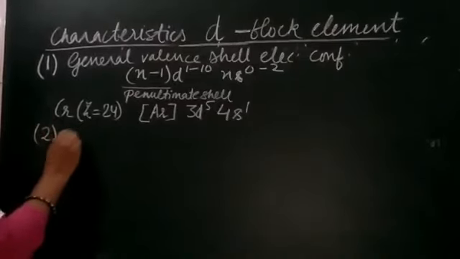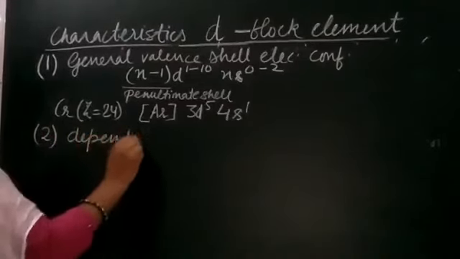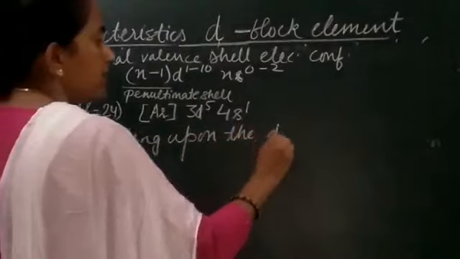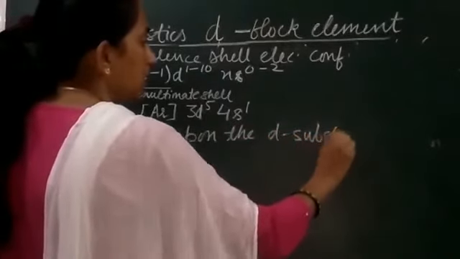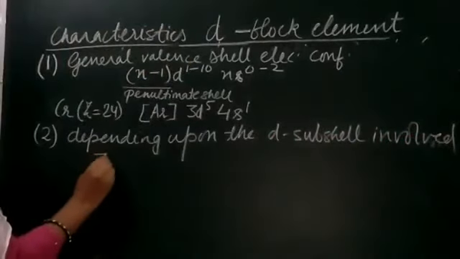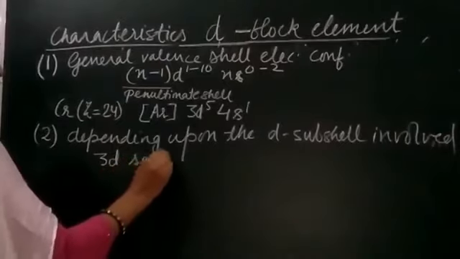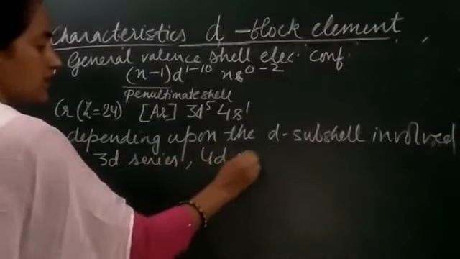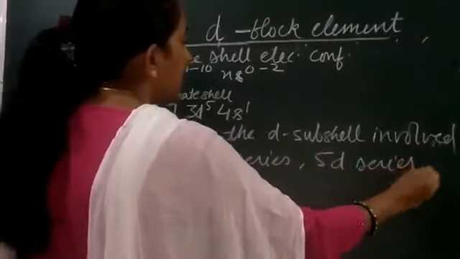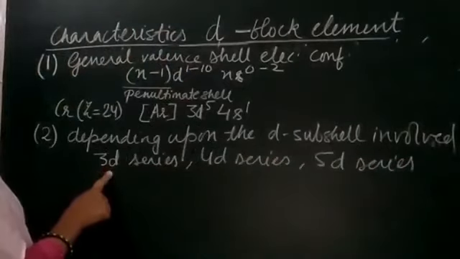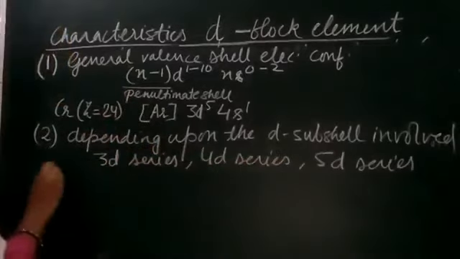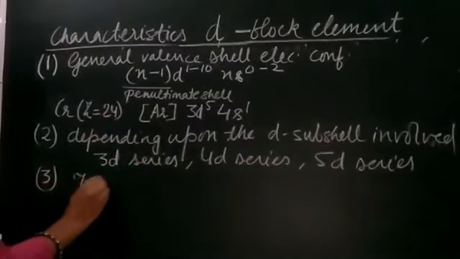Now, second, depending upon the D subshell involved, it will be known as 3D series, 4D series, and 5D series. If the 3D subshell is involved in the electronic configuration, it will be the 3D series. The D block elements are known as the transition elements.